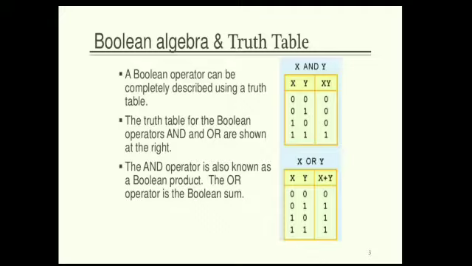Here x and y are the inputs and x dot y, or we can say xy, is the output. In the OR operator truth table, x and y are the inputs and x plus y is the output. The output basically represents the inputs and the operation on the inputs.